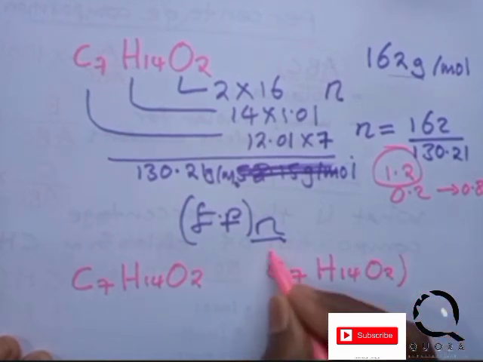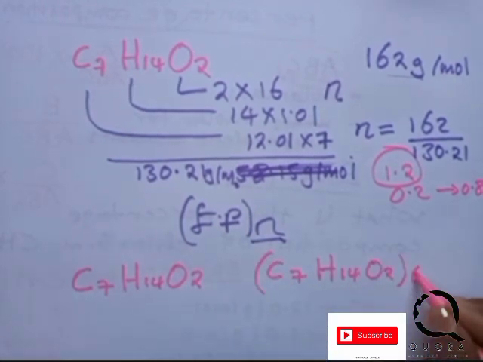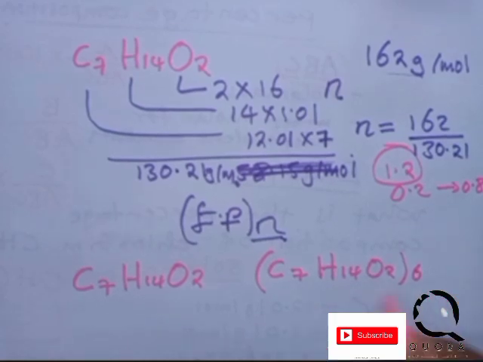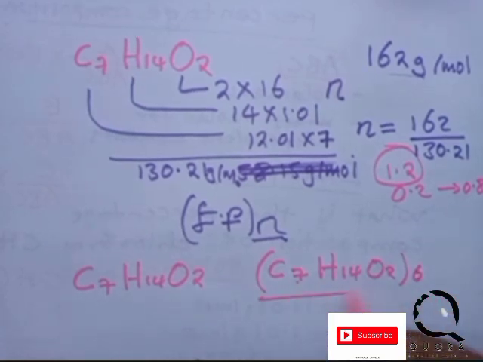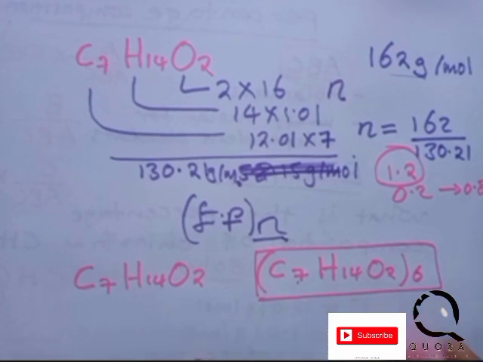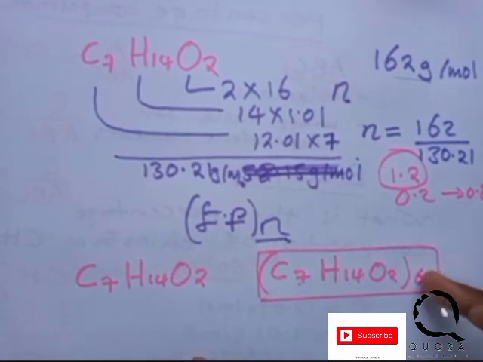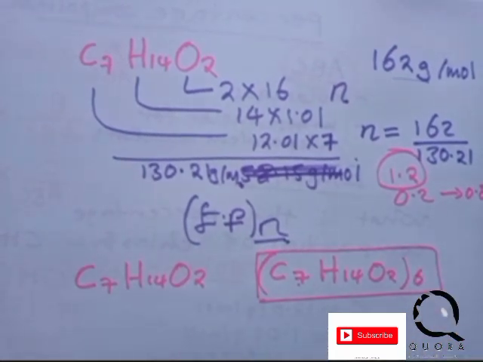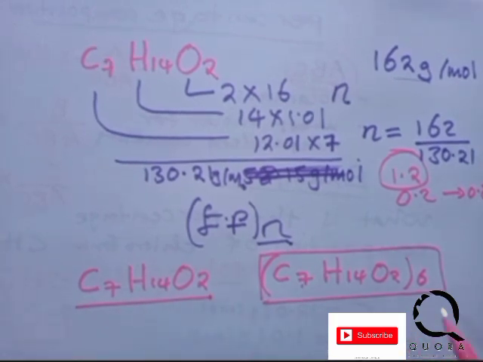You multiply the subscripts by 6, and the number is going to be bigger. To reduce it, you are also dividing throughout by 6, and you return to this one. To avoid writing bigger numbers, you can just divide by the smallest number to reduce the subscripts, and it will give you something very small.